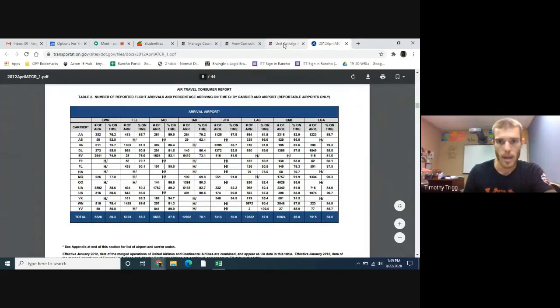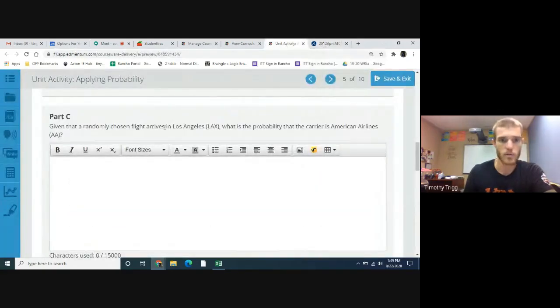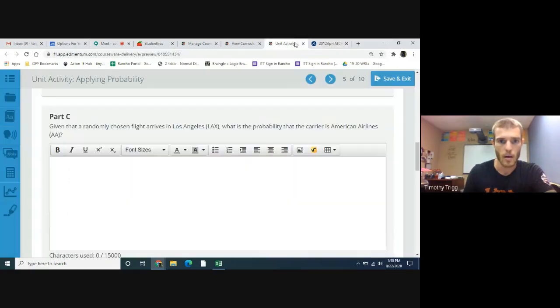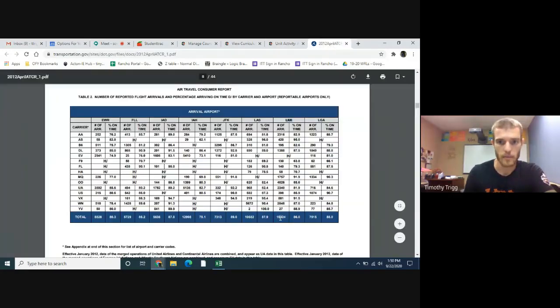Okay. And it says, given that a randomly chosen flight arrives in Los Angeles, what is the probability the carrier is American Airlines? So how many flights arrive in Los Angeles in total? Well, that's 16,924 from the bottom. You can see that. And how many of those were from American Airlines?